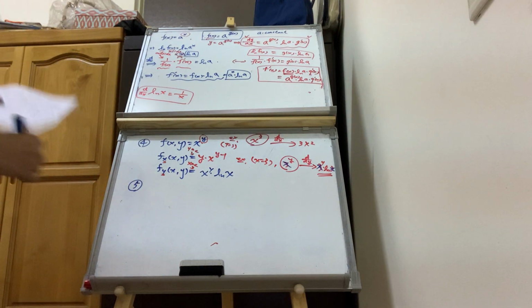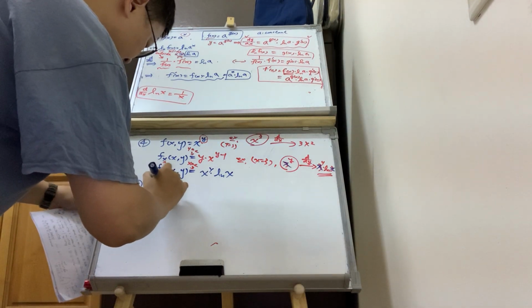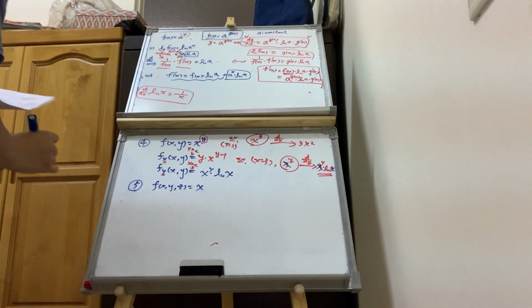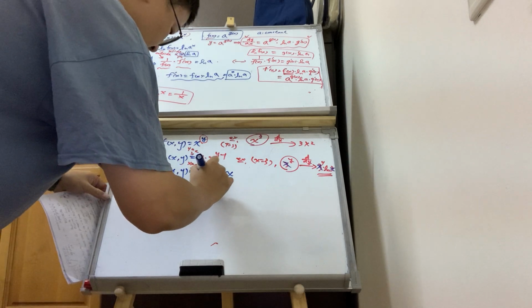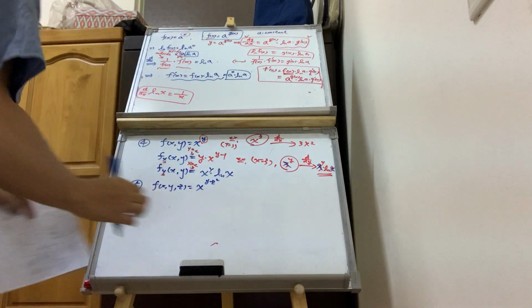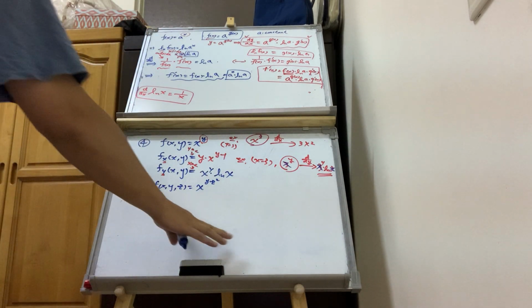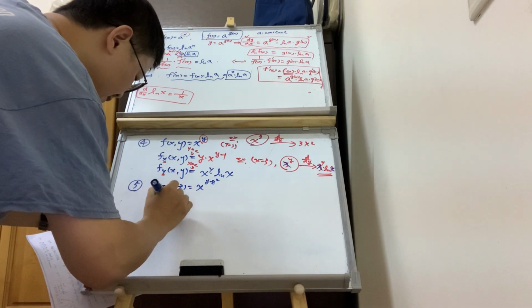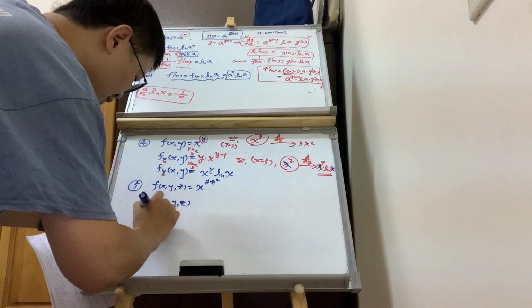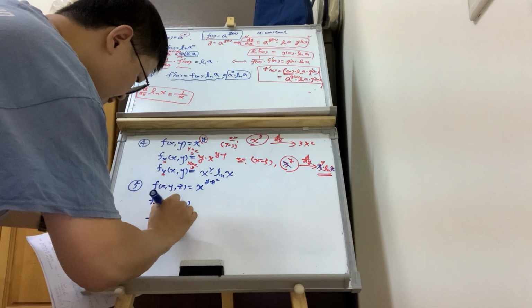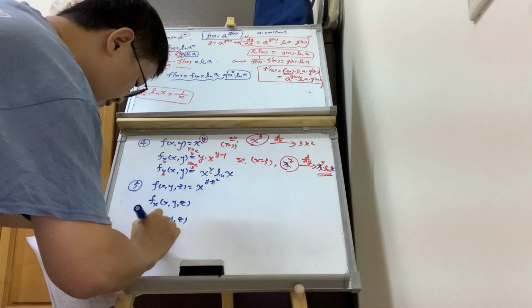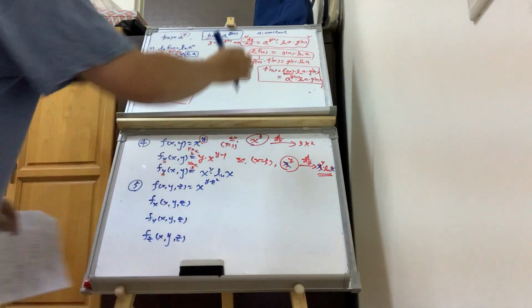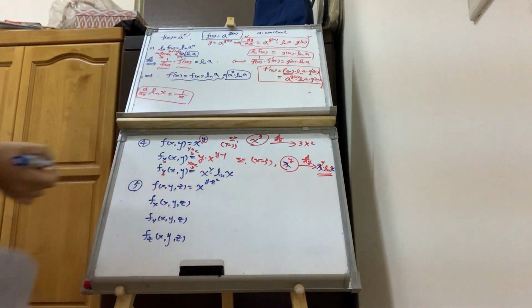Next is the more general case: x to the power y times g squared. Now we have 3 variables, and you could use the general formula directly.